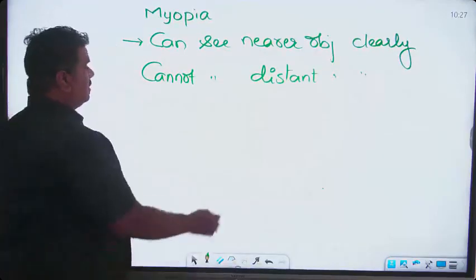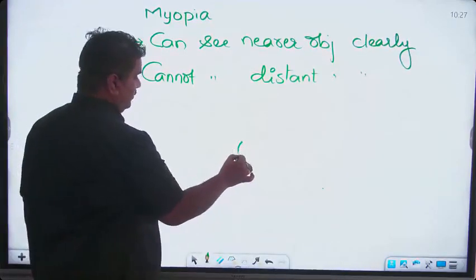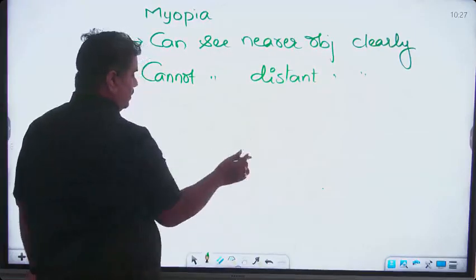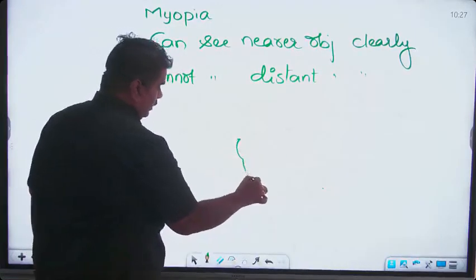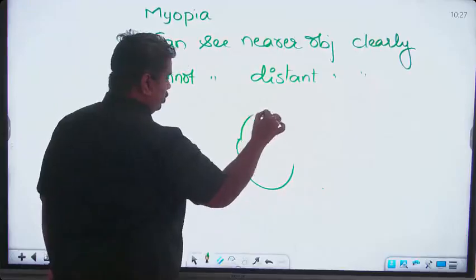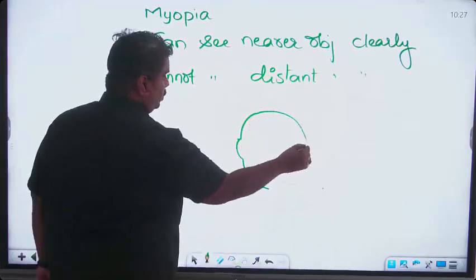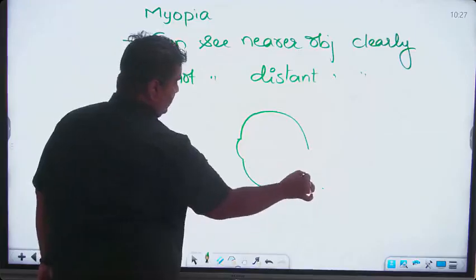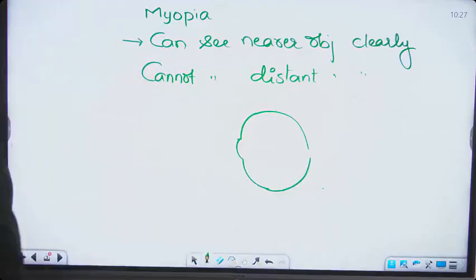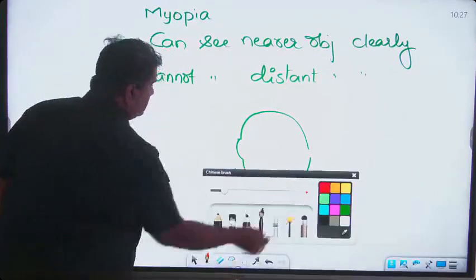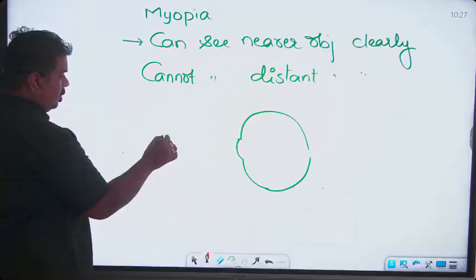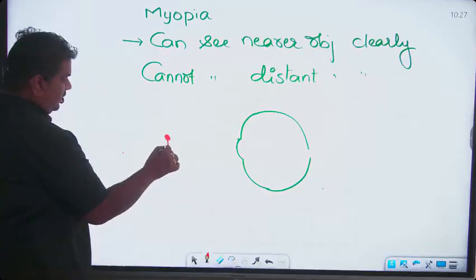Now, in general, whenever you're talking about the human eye, what is the shape of the human eye? The shape of the human eye is considered to be spherical, almost a spherical shape. Now, suppose you have an object at this particular point.